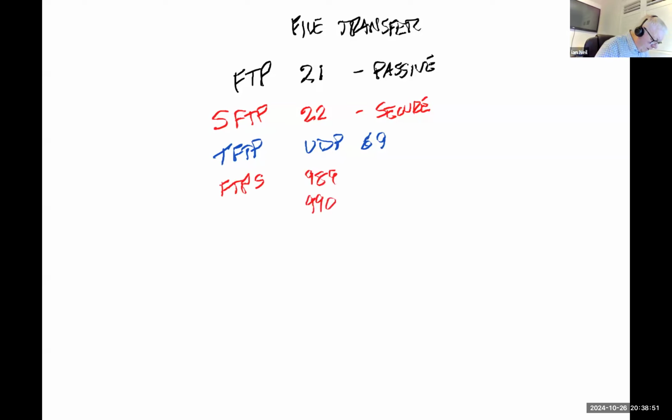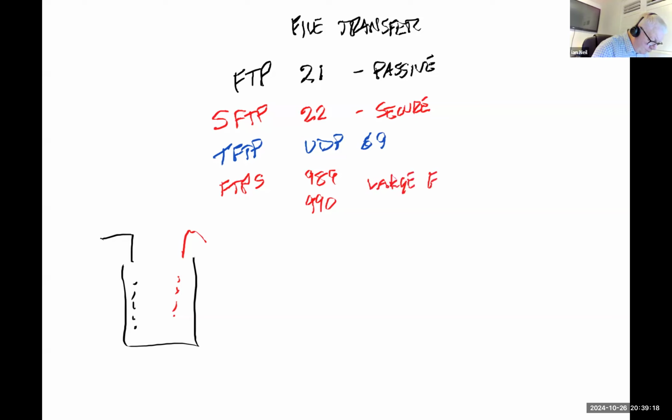Now, if I had a barrel and I was filling it up with water with one hose, then I took another hose and filled it up with the two hoses, I could fill the barrel up much, much faster. And this is what it's doing. It's using 989 and 990. And you're going to use it for transferring large files.